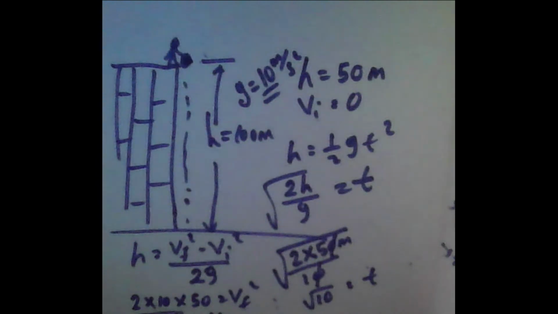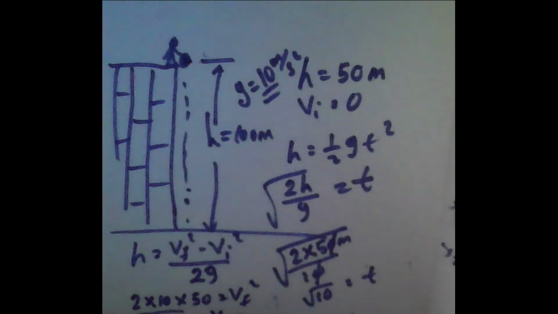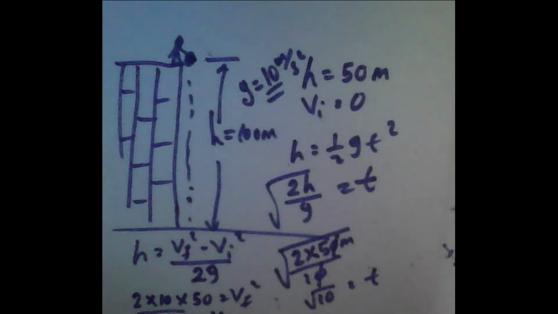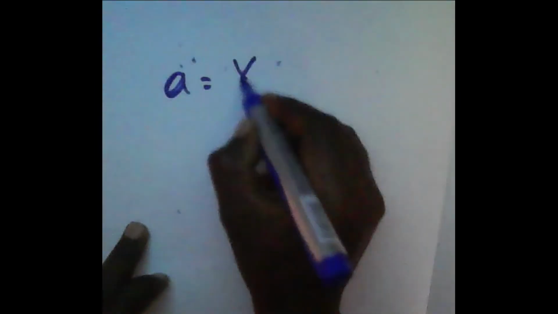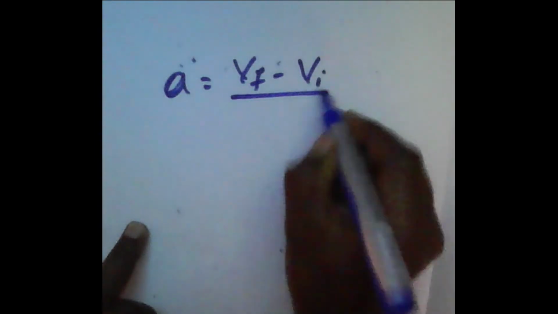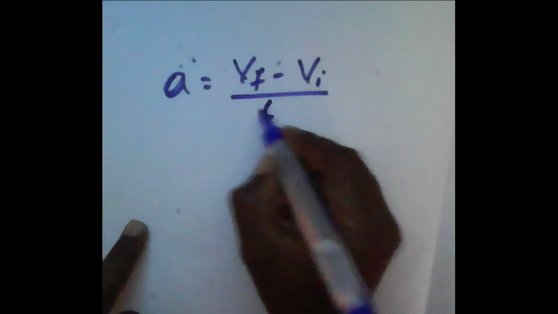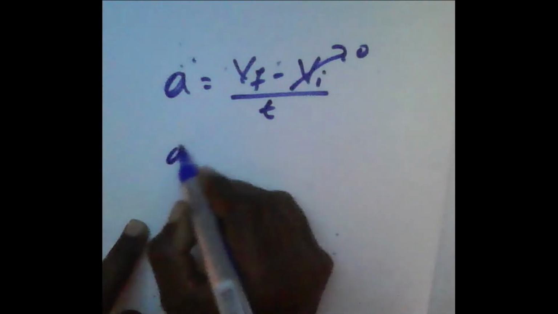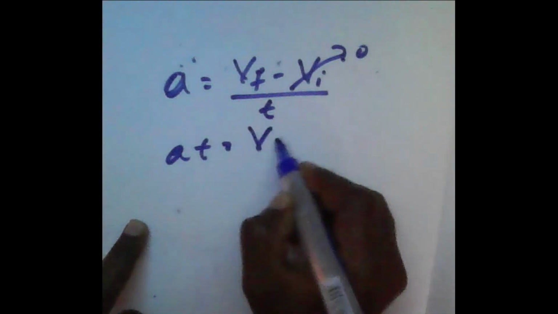There is also another way of getting v final. We know that acceleration is equal to v final minus v initial over the time interval. So v initial is already 0, and we need to find a times t, which is equal to v final.